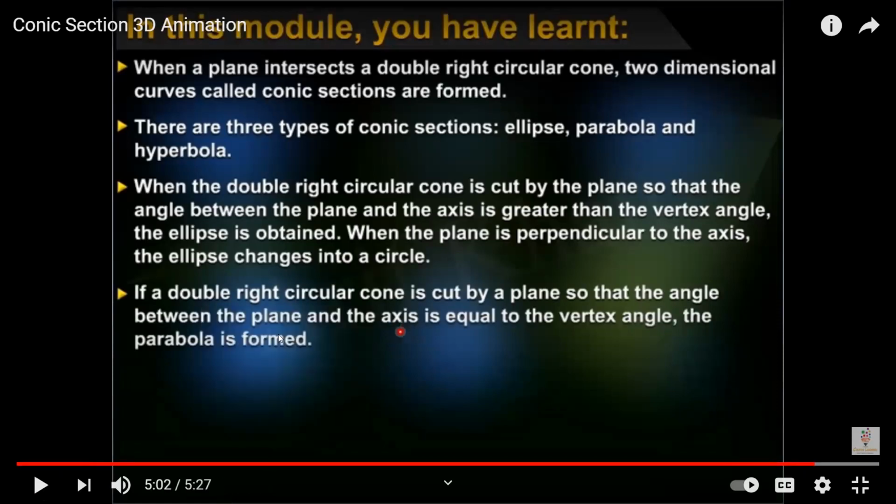So if the angle between the plane and the axis is equal to the vertex angle, then parabola. Here it is greater than the vertex angle, it is ellipse. But when the plane is perpendicular to the axis, the ellipse becomes a circle. That's why they said only three types of conic: ellipse, parabola, and hyperbola. They consider circle as a particular case of ellipse.